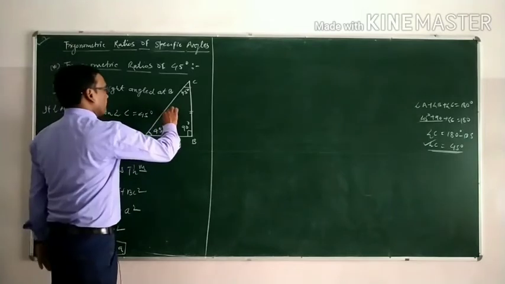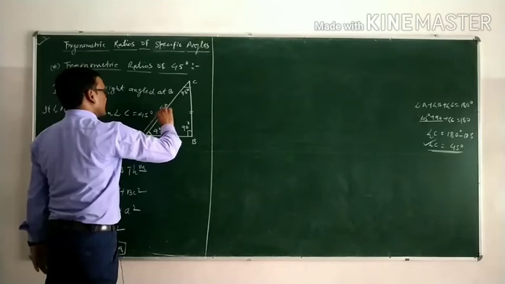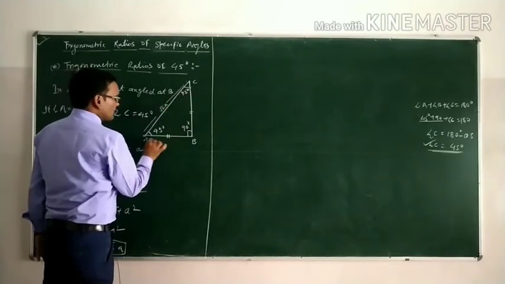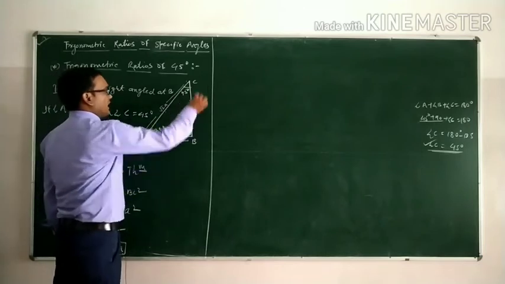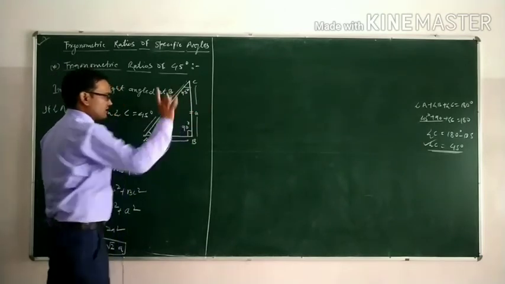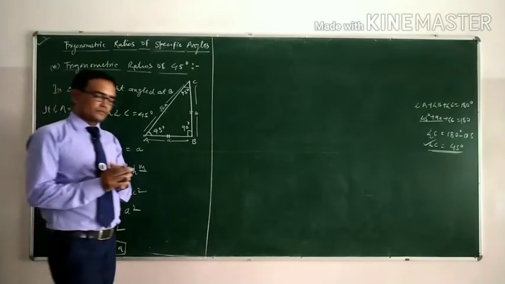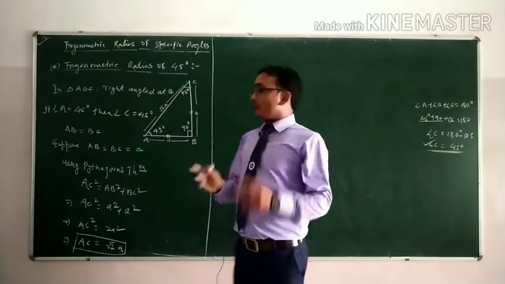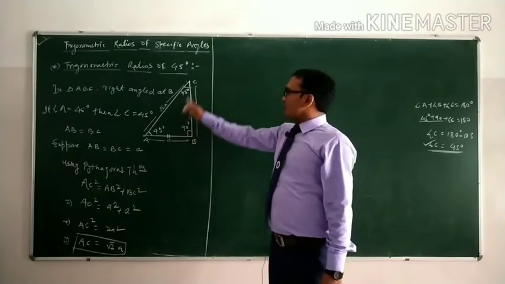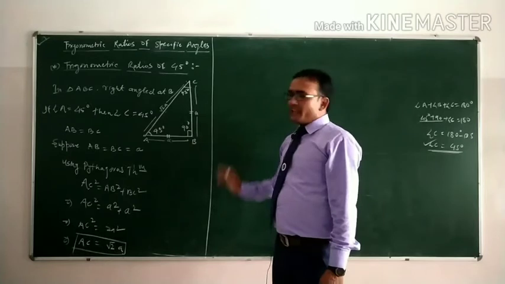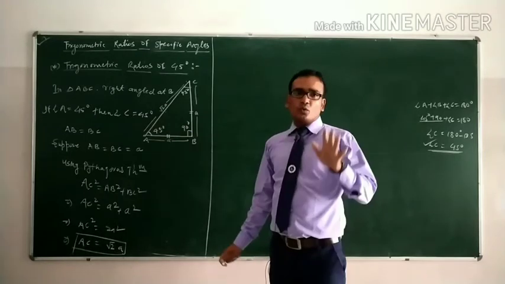The value of AC is equal to square root 2 a. Only we suppose the side AB is a and BC equal to a, then we find the value of AC equal to square root 2 a.